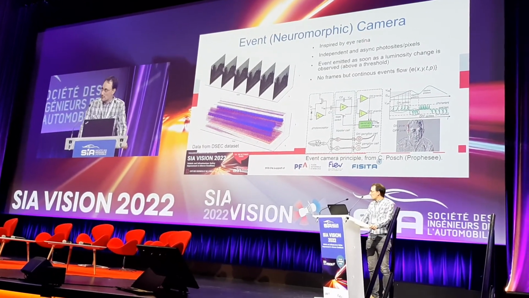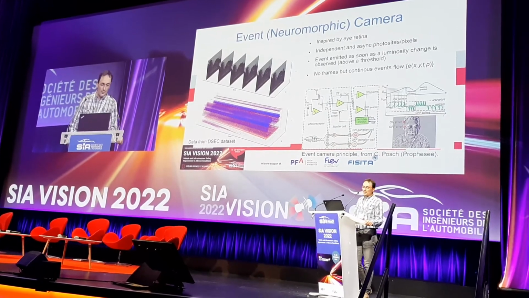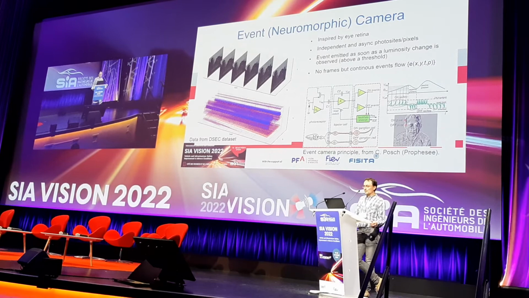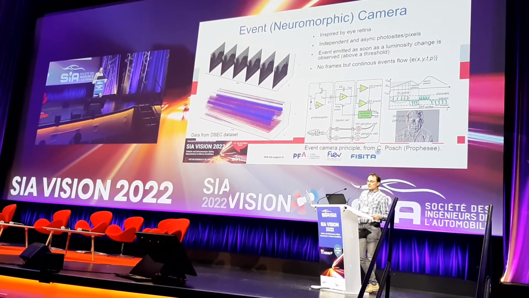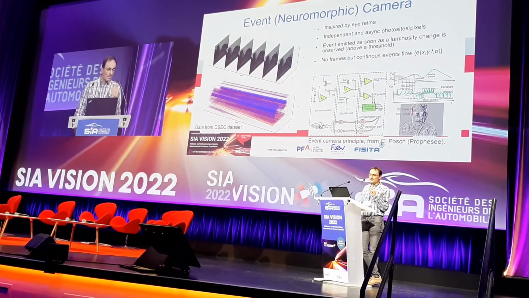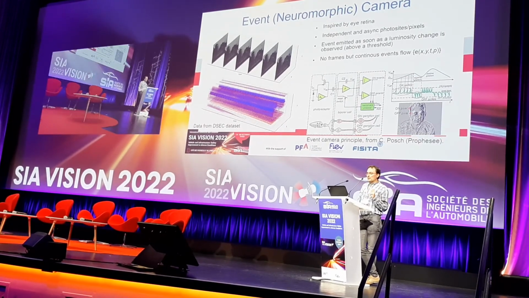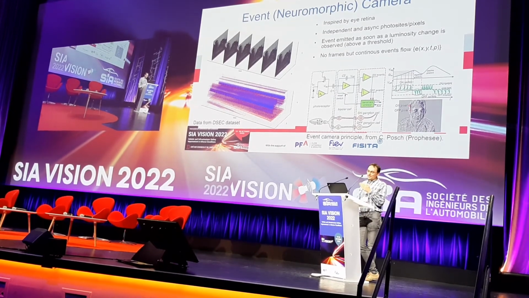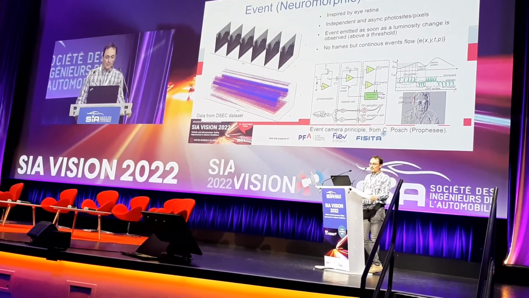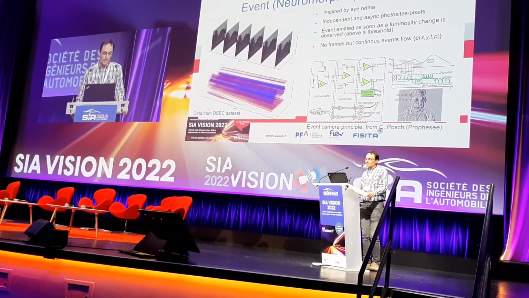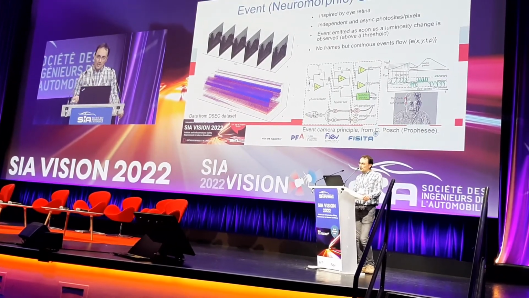Now the last new sensor is the event camera. This camera is a different idea. Instead of taking a picture at a specific frame rate in discrete time, where you have a dense frame at a specific frame rate, an event camera will be a continuous flow of intensity changes.